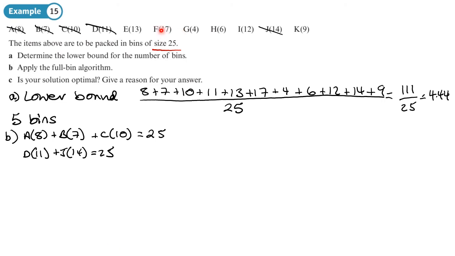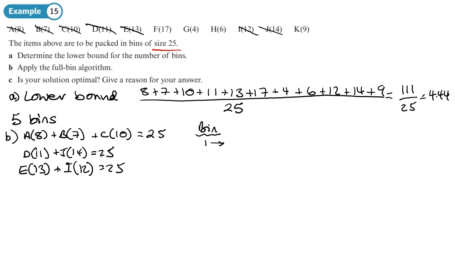Then we've got 13 and 12 makes 25, so E and I is 25. Now that's it. It doesn't matter how you try and pair or put 3 of these together, you cannot get 25.